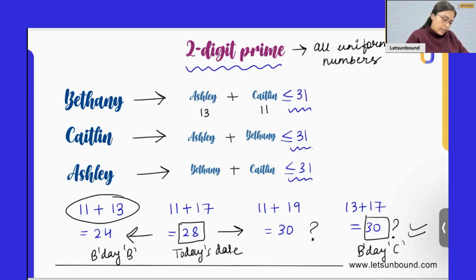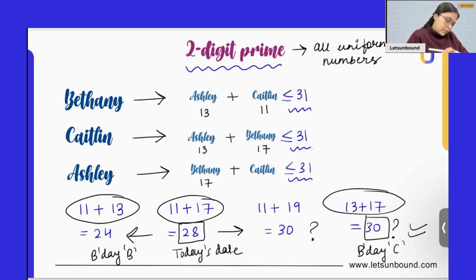Then for the birthday of Caitlin, 13 and 17. So 13 I keep with Ashley because it has to be the same number, and 17 for Bethany. So if it is 17 for Bethany, then for today's date, Caitlin is 11. You can see it matches all the combinations.